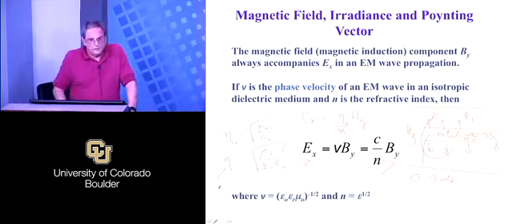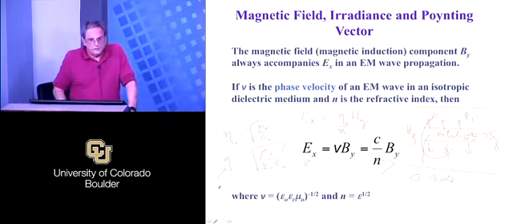We'll talk about a propagation vector, a propagation direction K, which we'll usually take to be Z. And let's find out what the energy flow is for this specific configuration. What you find out from the plane wave is that the electric energy and the magnetic energy densities are equal.